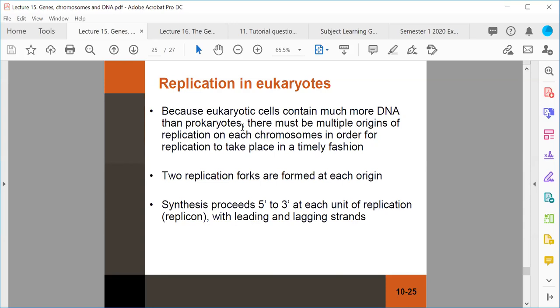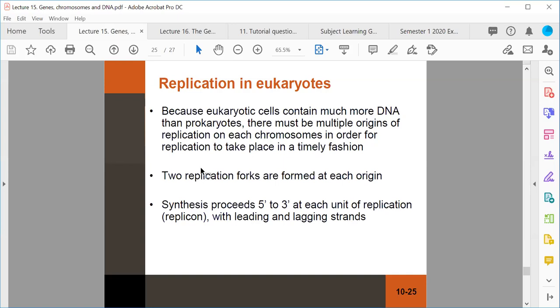In order for this DNA to be replicated in a timely fashion, there's not just one region where replication initiates. There are multiple regions that start the replication process, and those regions are called origins of replication. There are multiple origins of replication on each chromosome.